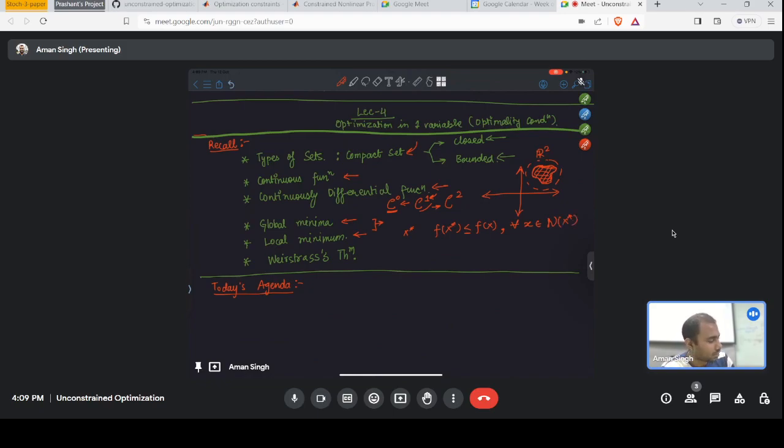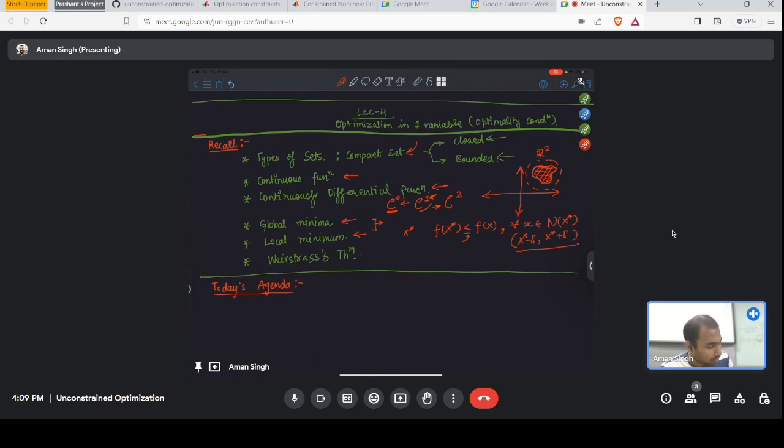Neighborhood means x star minus delta to x star plus delta. If x star is the smallest for all x belonging to this set, then it is a local minimum. Then there was something called a strict local minima, in which we remove this equality sign. We discussed an example of why it is useful as well.